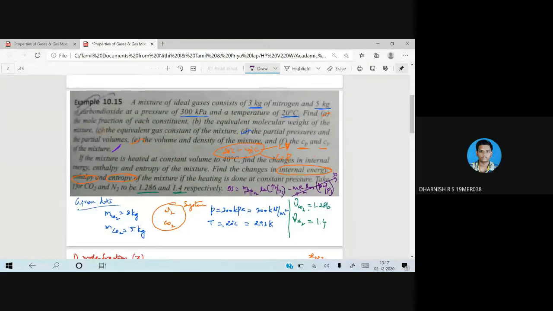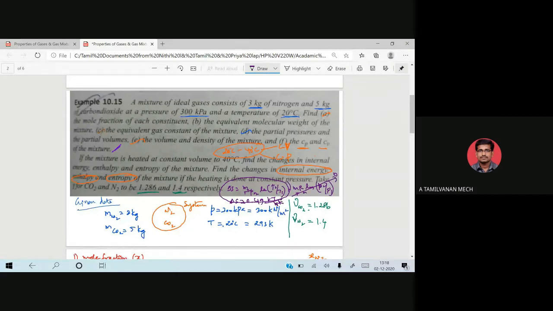After substituting the appropriate values, the change in entropy is 0.49 kilojoule per kilogram Kelvin.